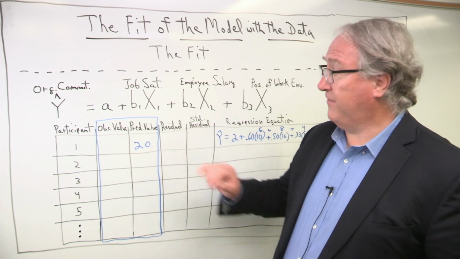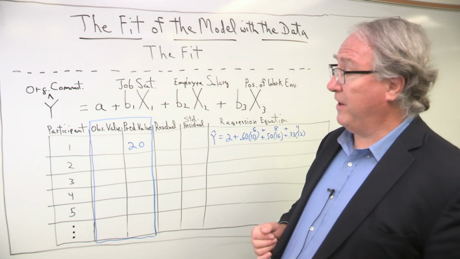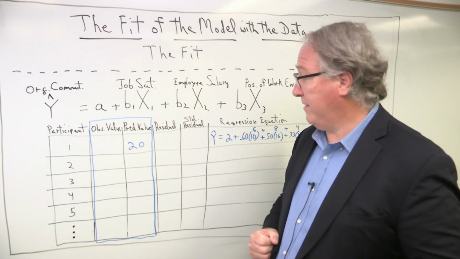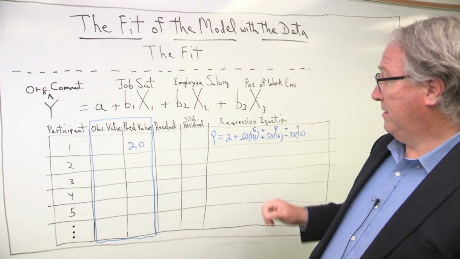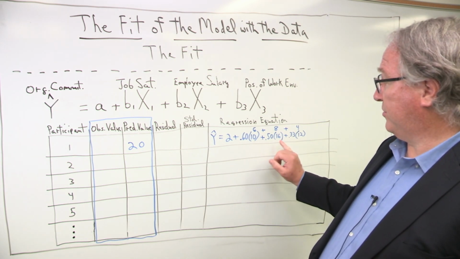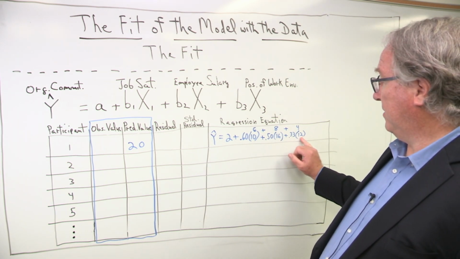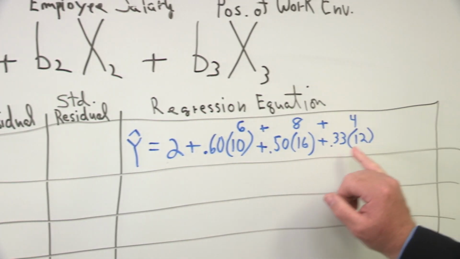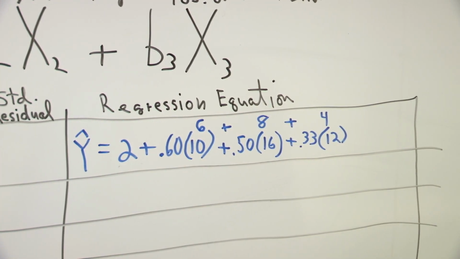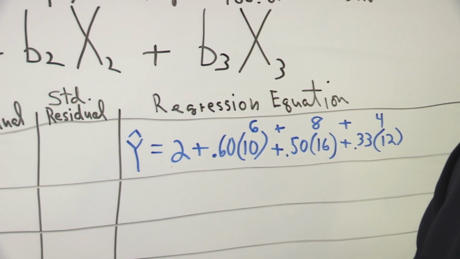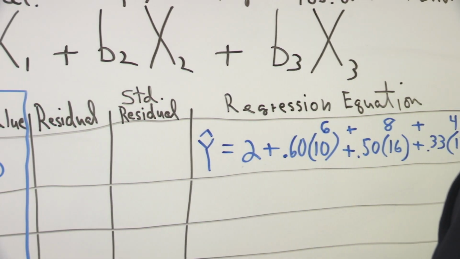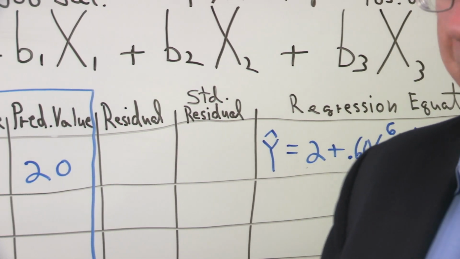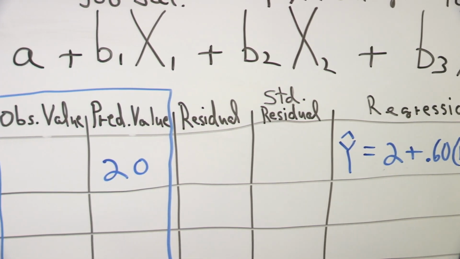And the predicted value on the outcome variable measure for participant number 1, based on their scores on the predictor variable measures, throw in the constant in there too, is 20, which would be a moderate level of organizational commitment for participant 1, is what is predicted from the model.